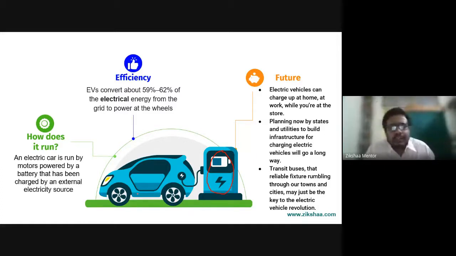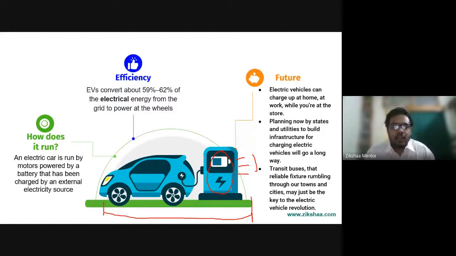EVs can convert about 59 to 62% of the electrical energy from the grid to power. So if I take from the grid, let's say this is connected to my grid, from here till the wheel, if I take this journey, we can have 59 to 62%.